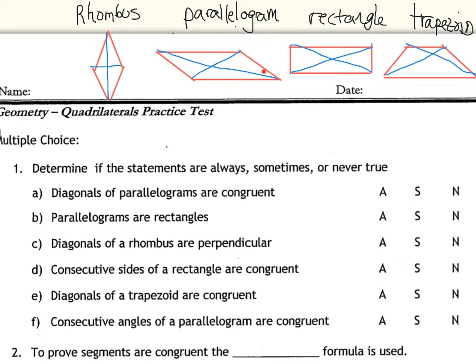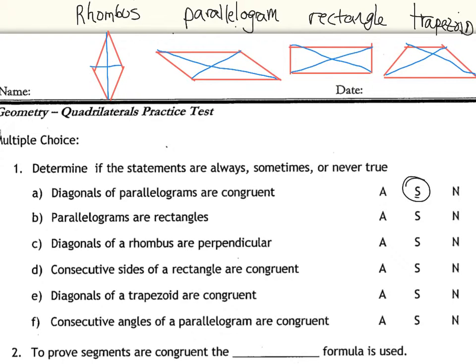Because it does not have reflectional symmetry, these diagonals are not congruent. But if we look at the rectangle, the diagonals would have to be congruent because it would have reflectional line symmetry across that horizontal. So that means it's sometimes congruent, but not always.